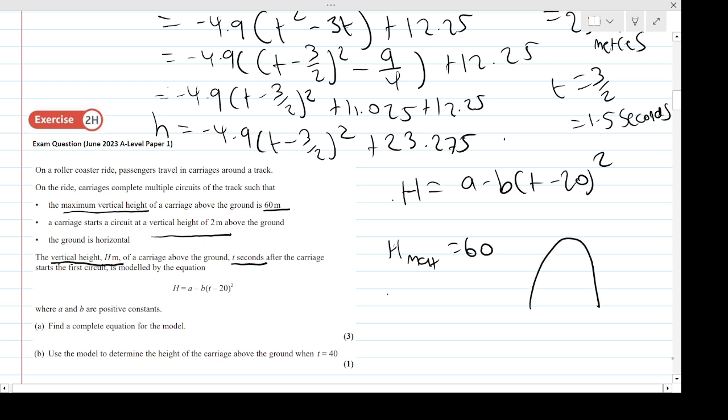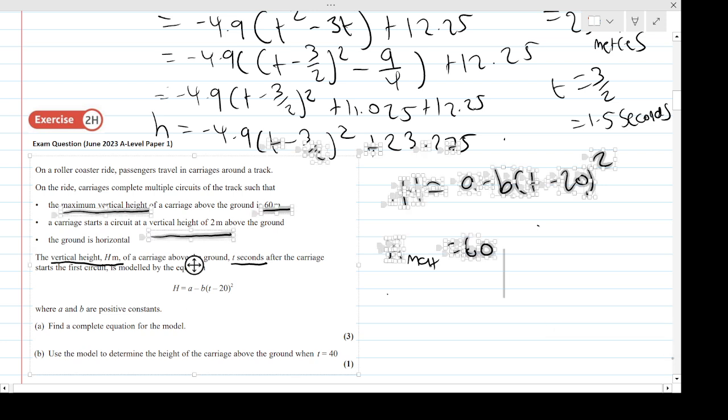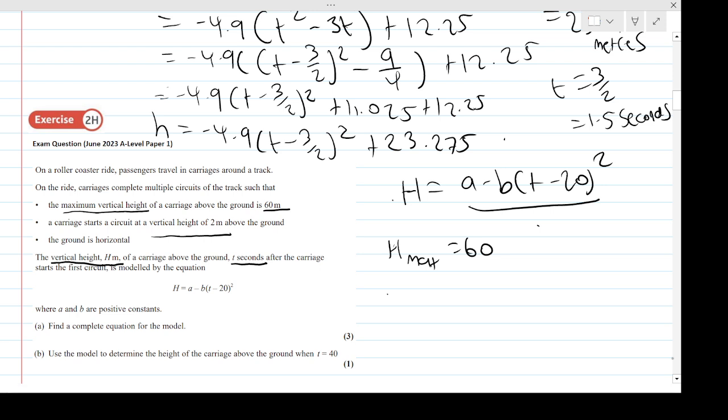Again, it's going to resemble this sort of shape, and there's a turning point there, but we don't know exactly what time that occurs. But this is where this is going to help us. This is the completed square form. We know that the maximum value, or minimum, has to happen when the bracket equals 0.